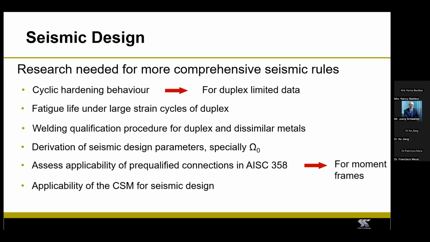In this case, it would be useful if you could design a structure using the CSM and then compare the behavior against the behavior you would get from nonlinear response history analysis. Now, one thing to consider is that pushover analysis might not be able to capture the behavior of stainless steel structures under seismic loads because of the significant strain hardening.